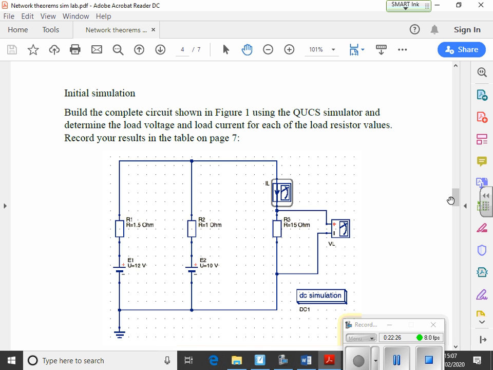We're measuring with a current probe in the load resistor leg, and I put a voltage probe across the load resistor so you can measure the load current and the load voltage. We've got two voltage sources here, 12 volts and 10, and two resistors. Set up the circuit like that, run a DC simulation, and record the results of the complete circuit. Everybody happy so far? Record those results as a column in your results table.